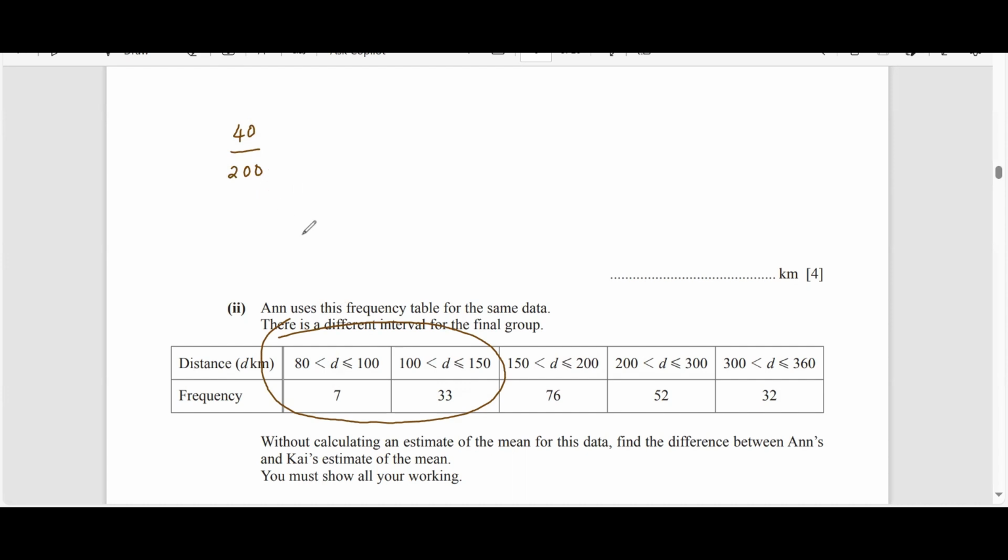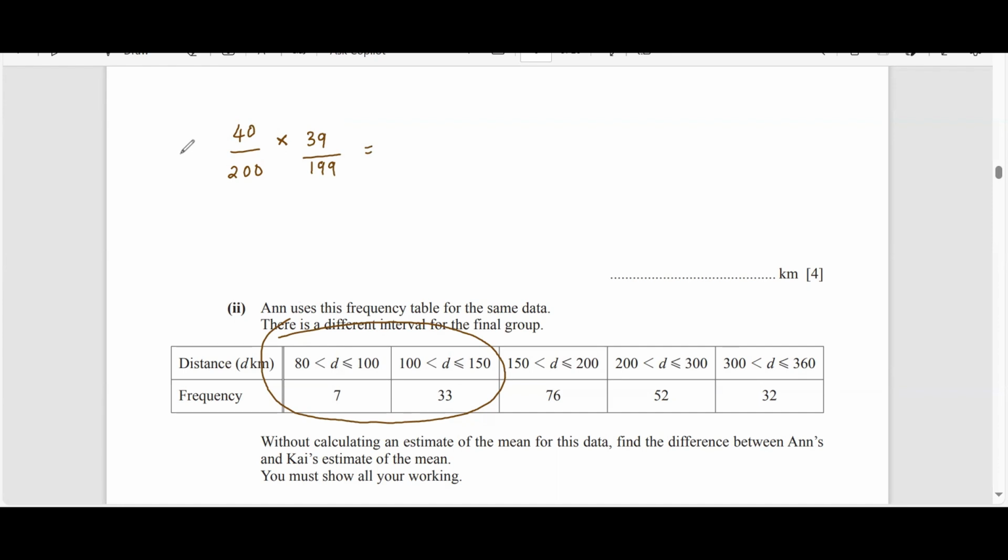If we select a car which has traveled 150 kilometer or less, the probability is 40 out of 200. Now that car is separated, so we have one car less from 200 for the second attempt. That is 199. And we don't have 40 cars now, we have only 39 remaining, because one we have already separated.